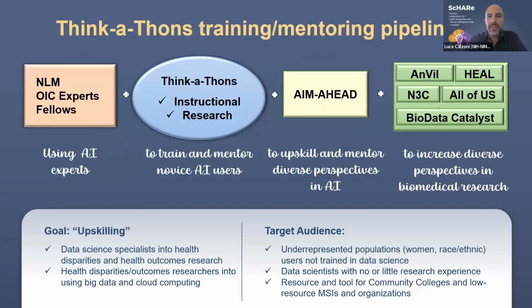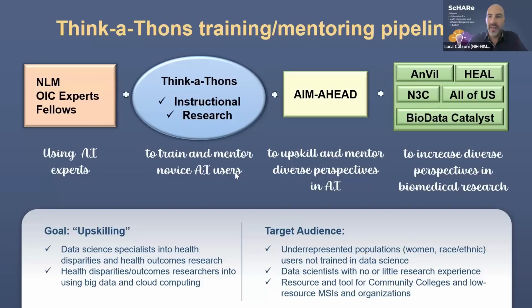One of our goals is also to develop this training and mentoring pipeline where we use AI experts, such as the guest experts that are going to join us today, to train and mentor users in AI and AI tools so that they can also transition later on to other programs, to more advanced programs such as AIM-AHEAD, for example, where they can reuse the skills that they learned with ScHARe to continue their research projects.